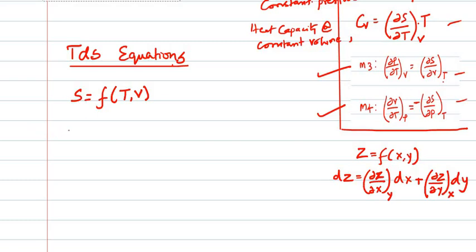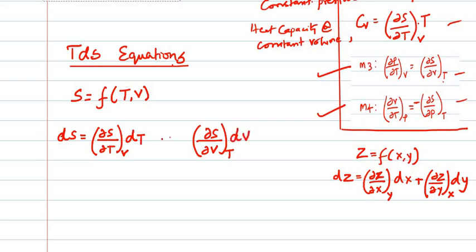Similarly, for entropy I can write dS is equal to dou S by dou T at constant volume, here dT, plus dou S by dou V at constant temperature, here dV. Whatever is in the denominator will come upside, and we sum these terms.